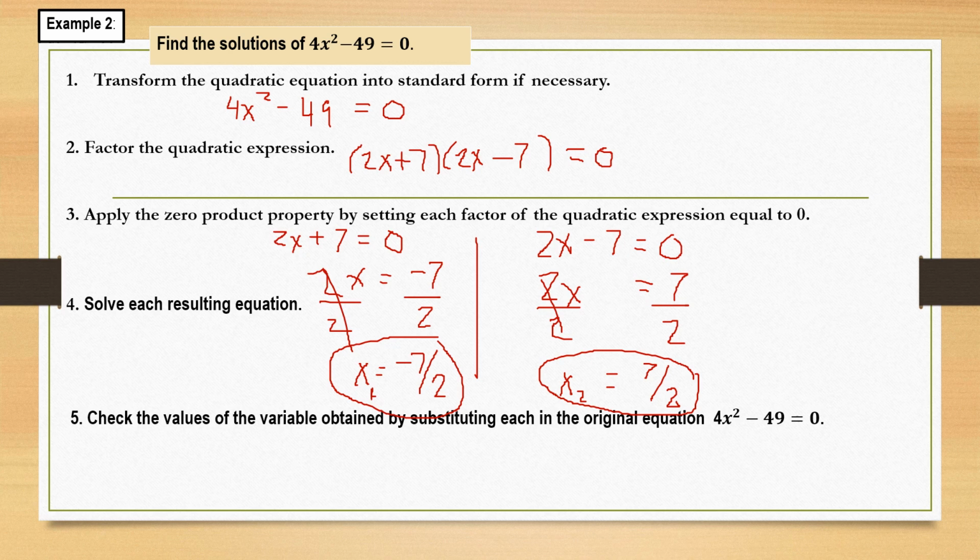Step 5. Check the values of the variable obtained by substituting each in the original equation. So the original equation is 4x squared minus 49 is equal to 0. Let us substitute negative 7 over 2 to x.